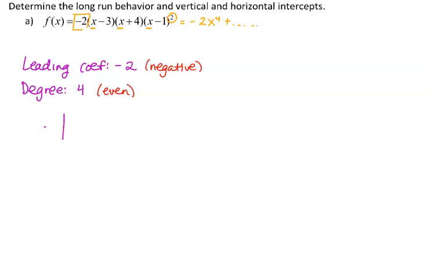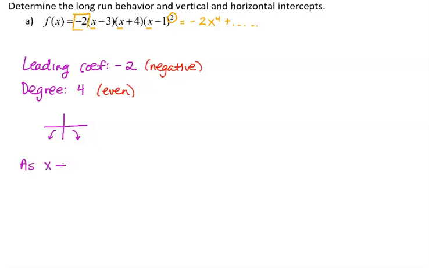So having an even degree but a negative leading coefficient is going to give us a graph where both tails are facing downward.